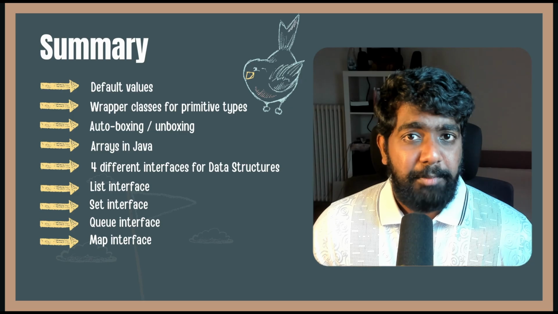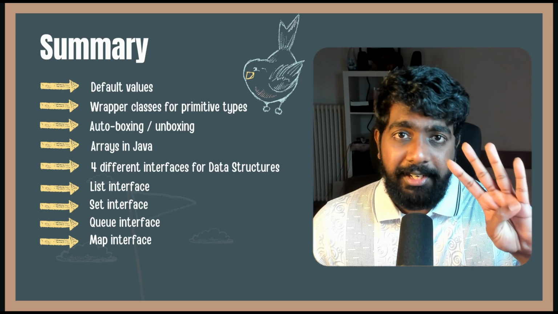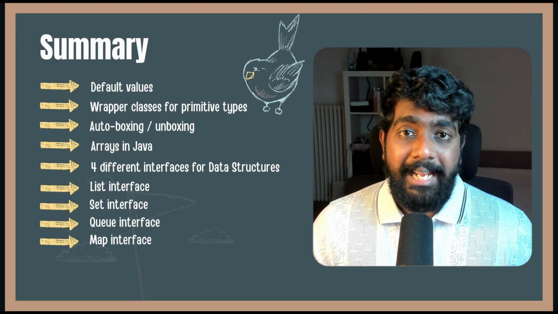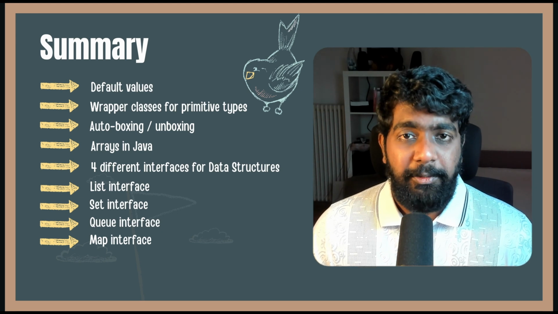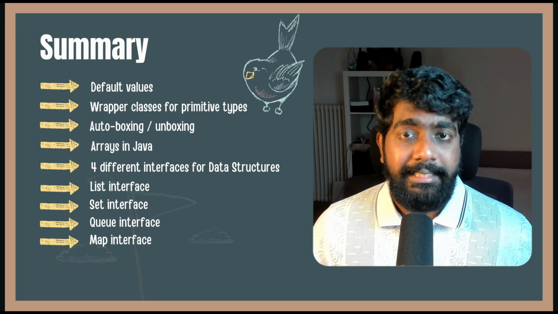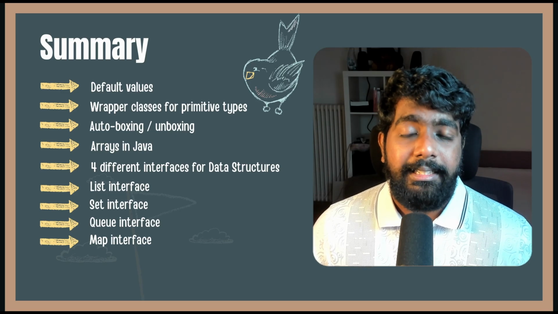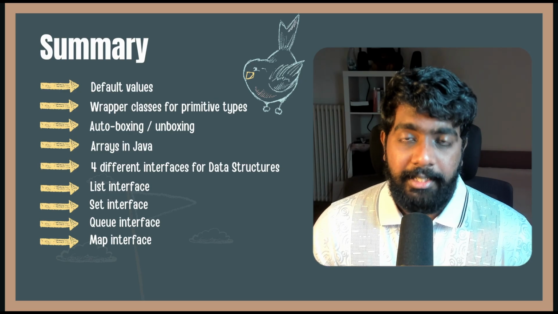Later, we discussed the collections framework. It is built upon 4 different pillars in Java. They are list, set, queue, and map. We also had a few examples to understand these 4 interfaces and their implementing or concrete classes that we can use.